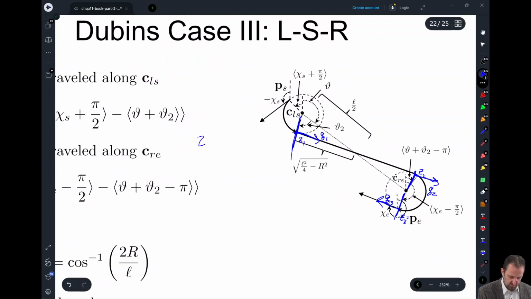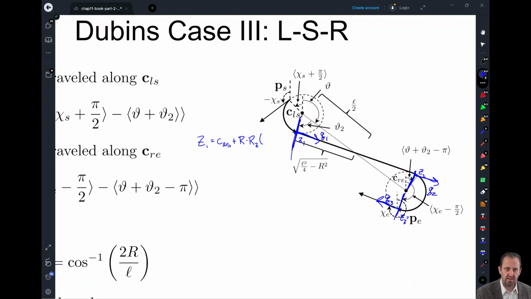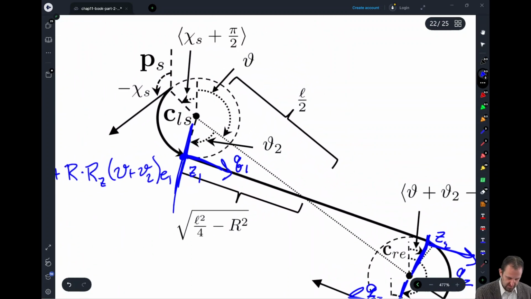So we can say that Z1 is just going to be equal to, now we're going to do the CLS, so we're starting in the left center at the start. Then we're going to add in R, and we're going to multiply that by RZ. Again, we're doing that same trick, where we're just rotating around our x-axis. We have rho plus, we'll do rho 2, and call that E1. Now I want to just look at this.